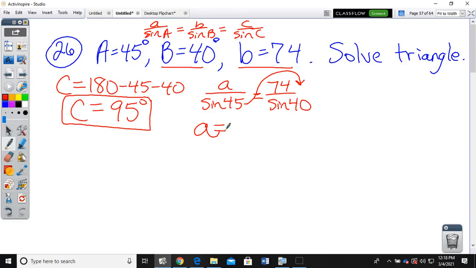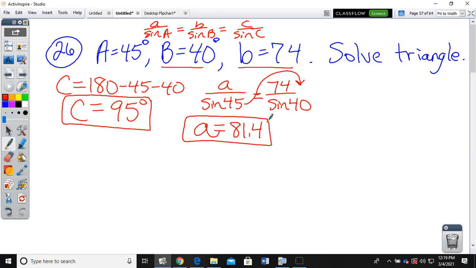Make sure you put parentheses after the 45, okay? If you don't, it will give you the wrong answer. 74 sine of 45, close your parentheses, divided by sine of 40. 81.4 is what I got as well.